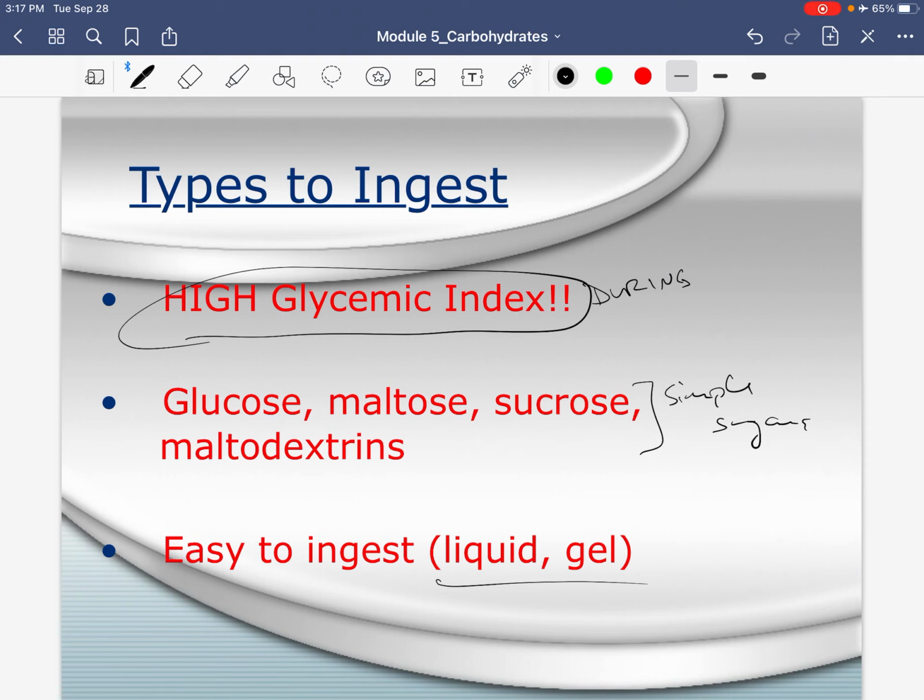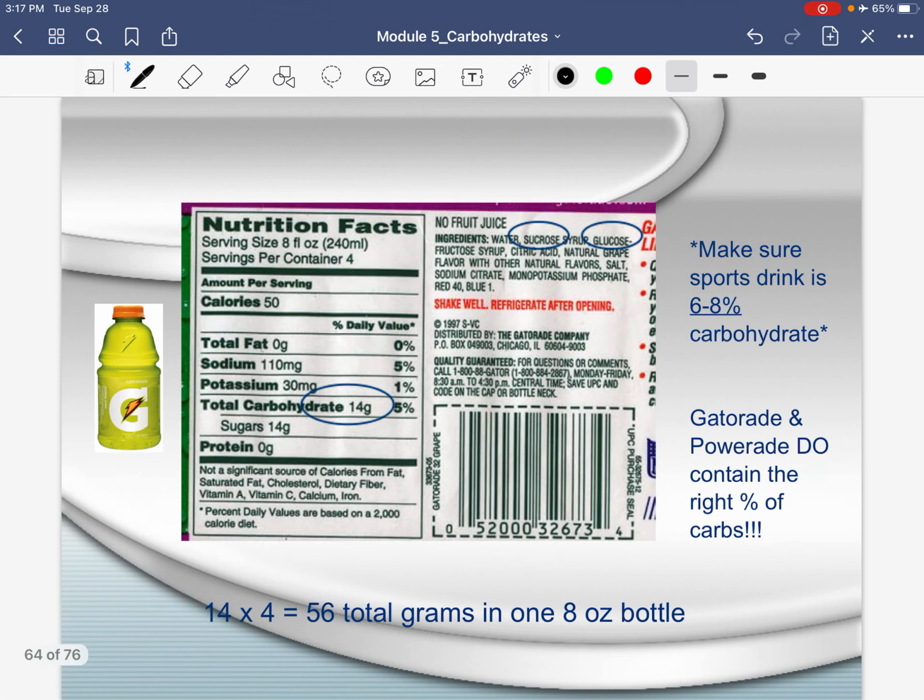It just means that it takes less to digest it. And we like that. When we're exercising, we want to put as much blood and energy towards our exercise as possible, which means we want as much blood and energy to go to our muscles as possible. Any more blood flow that we have to bring to the GI tract for extra processing or digesting takes away energy from the muscles.